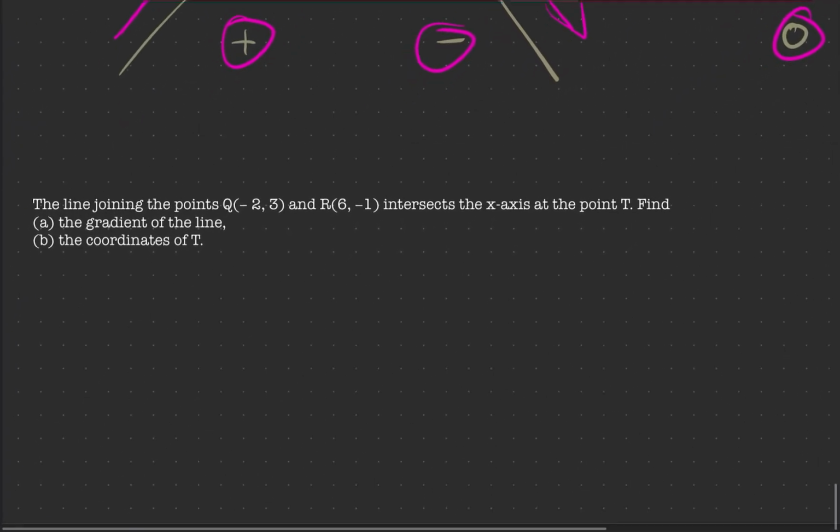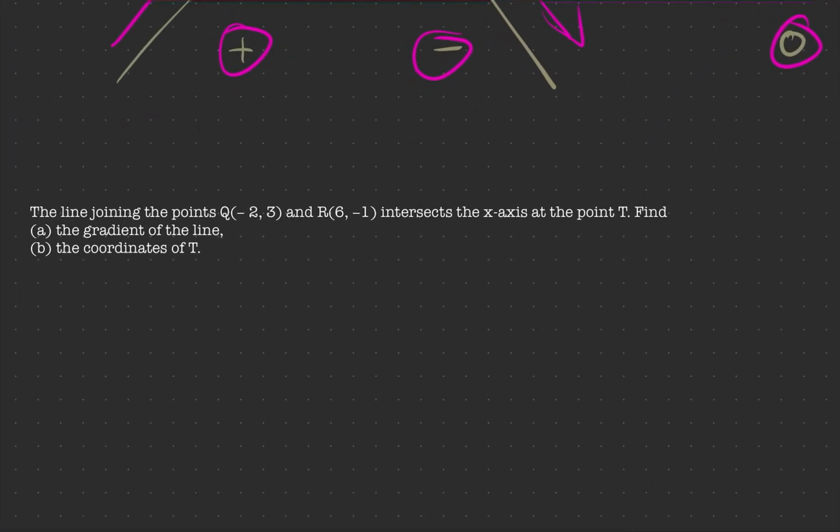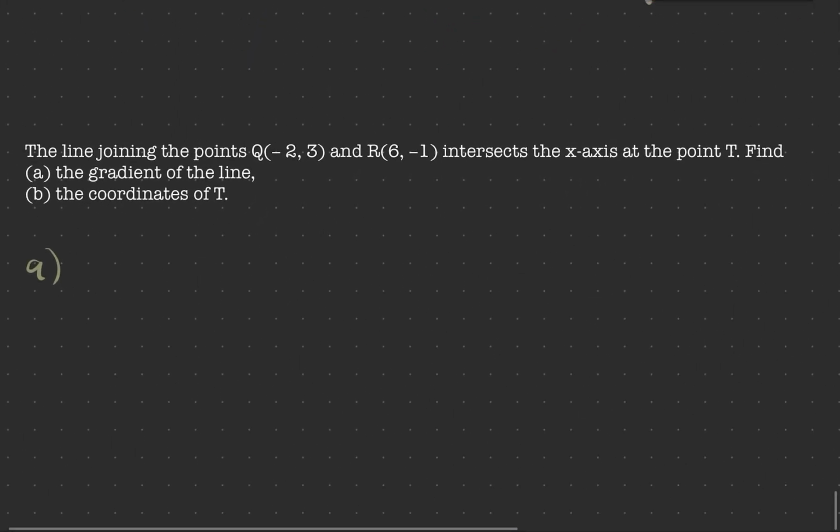Alright, so this question is: the line joining the points Q(-2, 3) and R(6, -1) intersects the x-axis at the point T. Find the gradient of the line. So first we gotta find the gradient of the line. Our gradient formula is just y1 minus y2 over x1 minus x2.